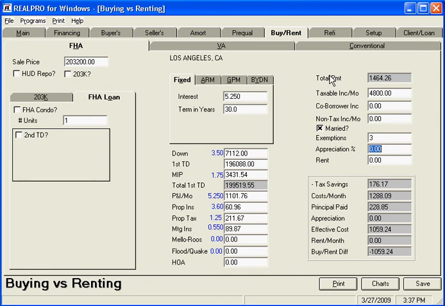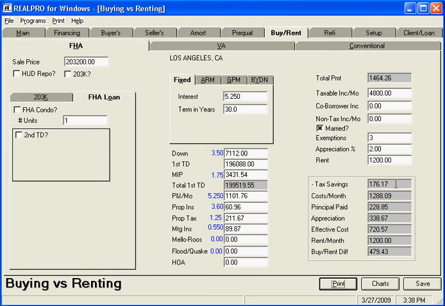I'm going to go very conservative on the appreciation, let's say 2%. We don't want to go very high on the appreciation. We just want to be able to make a difference. If you put in 5% or 10%, it's going to be too good to be true. So let's say the rent that they're paying right now is $1,200 a month.